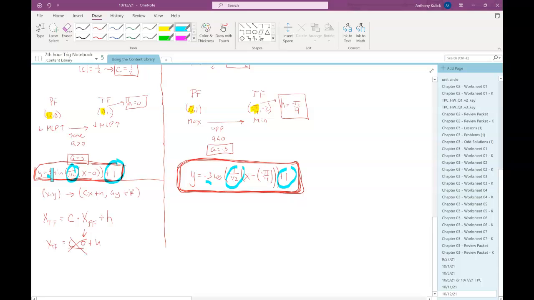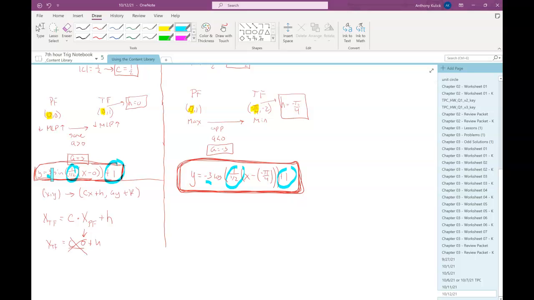Is that okay? Sure. So for your parent function, when you picked 0, 1, you got that from the thing on the other page. But then for the transformed function, you just picked any type of... I picked one of the extreme points from the graph, either a max or a min.